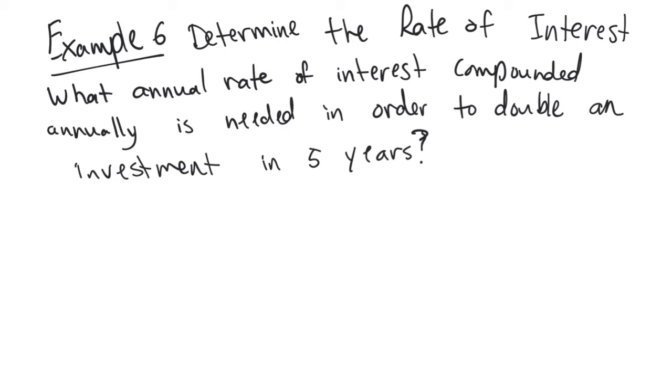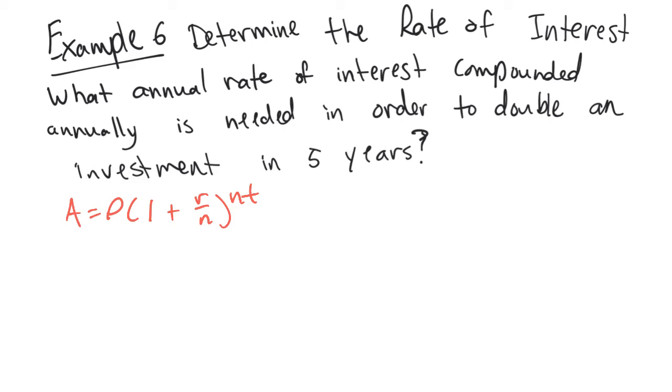So our formula, remember we're using this one, A equals P times 1 plus R over N raised to the NT, for compound interest. Now, we don't know our principal in this case. However, we don't need to. We know that by the end, we want double the principal.